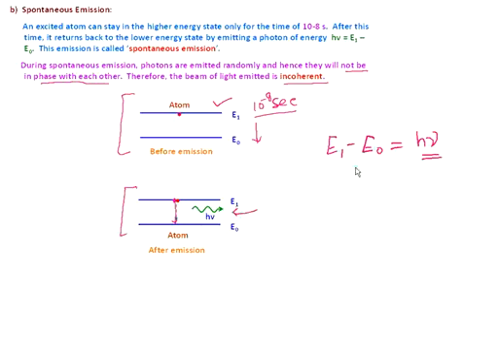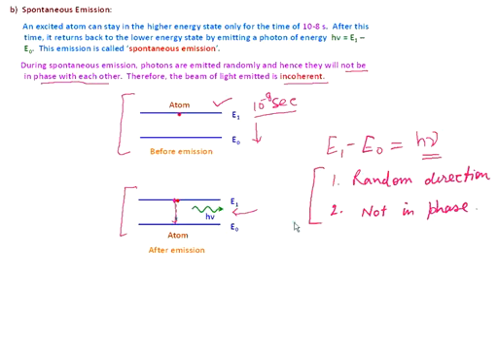In spontaneous emission you have to remember two major points: number one, they are emitted in random directions, and number two, they are not in phase. But if you have to find the transition probability when considering a large number of atoms, that is defined with P21 prime.